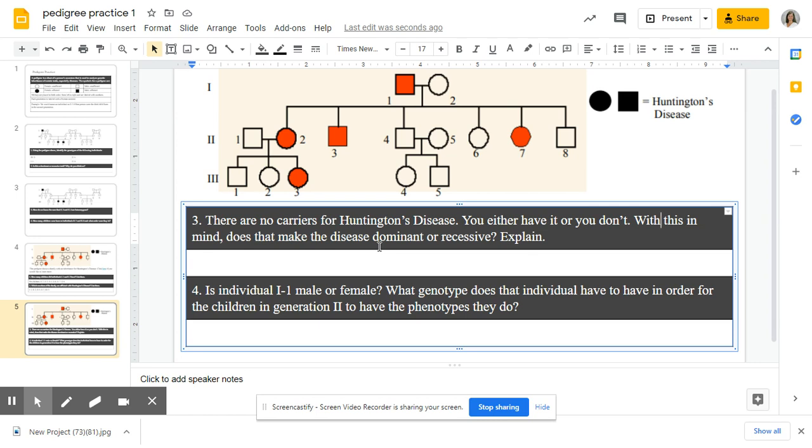If you're homozygous recessive, you have the other. So if there's no carriers, meaning no recessive trait hanging along that can possibly be passed down, that means it has to be dominant, because if you are homozygous dominant or heterozygous, you've got the disease. If you're recessive, you don't have it. So that's what makes this a dominant disease.